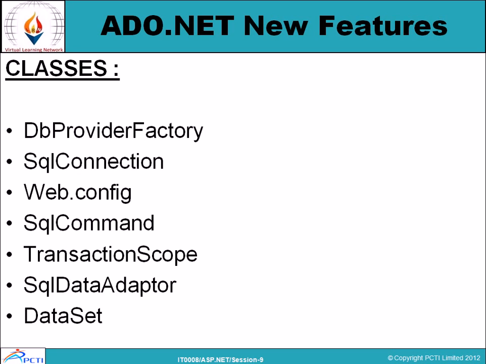First class is DB provider factory, second is SQL connection, next is web.config, next is SQL command, next one is transaction scope, next is SQL data adapter, and the last one is dataset. This is the list of classes that are called new features in ADO.NET.